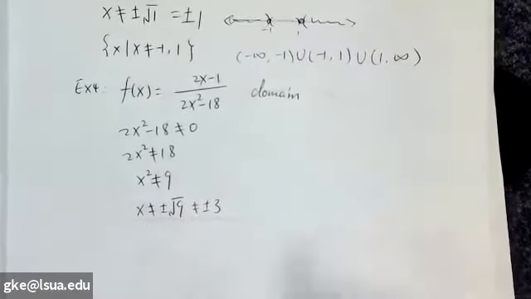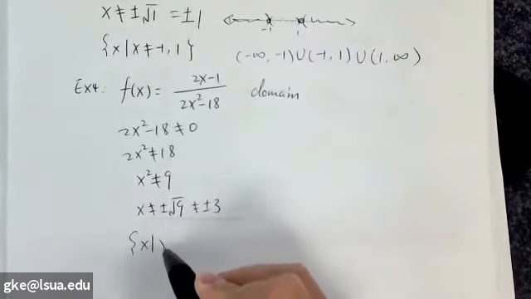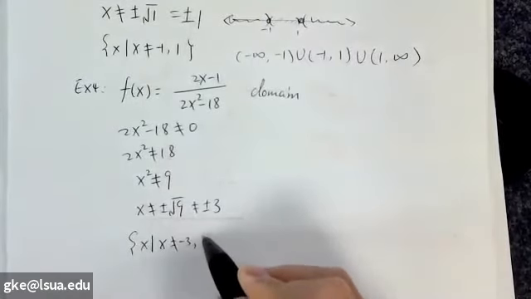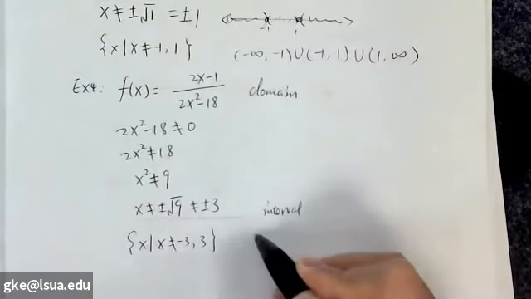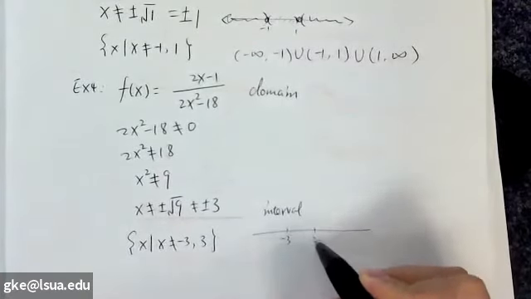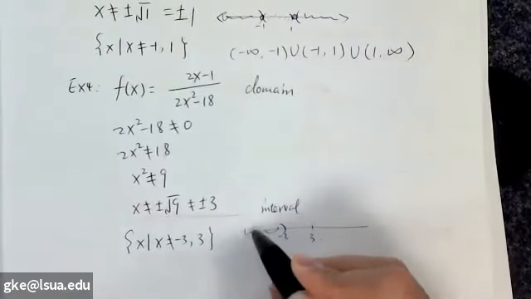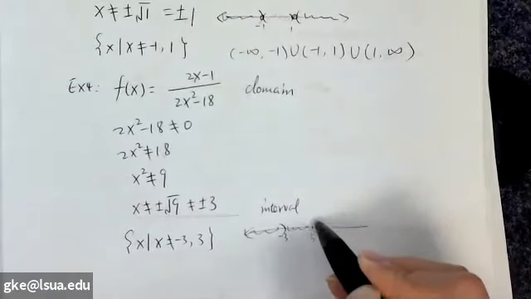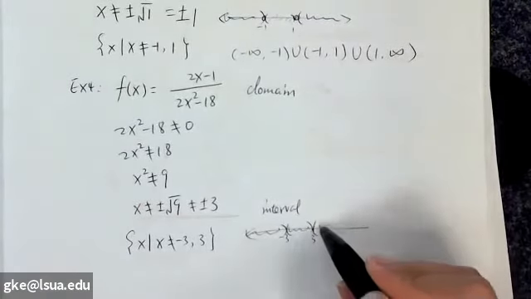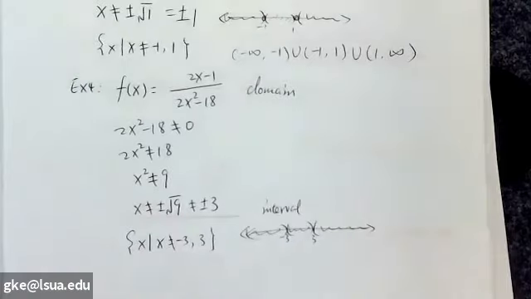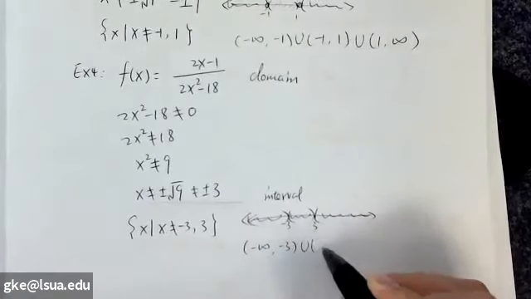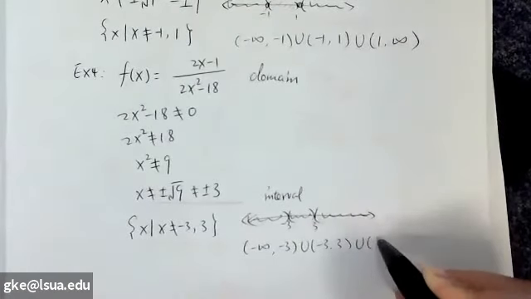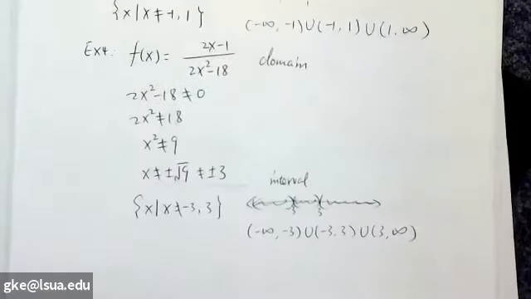So we can get these two values, right? In the interval format, be careful, we have two breakpoints, so we have three parts: negative infinity to -3, union -3 to 3, union 3 to infinity. Okay, that's it.